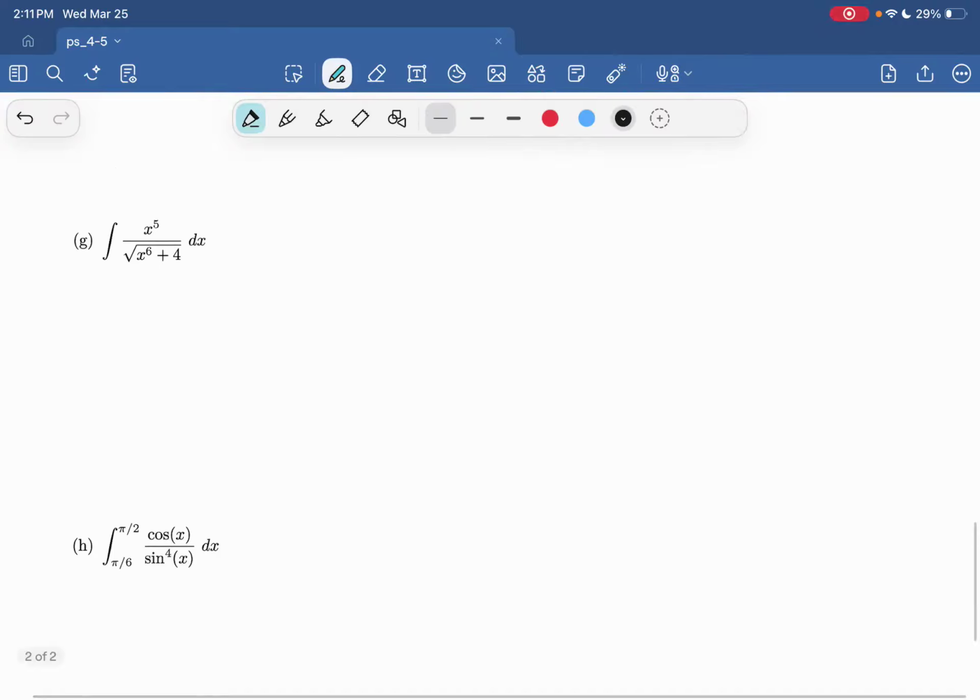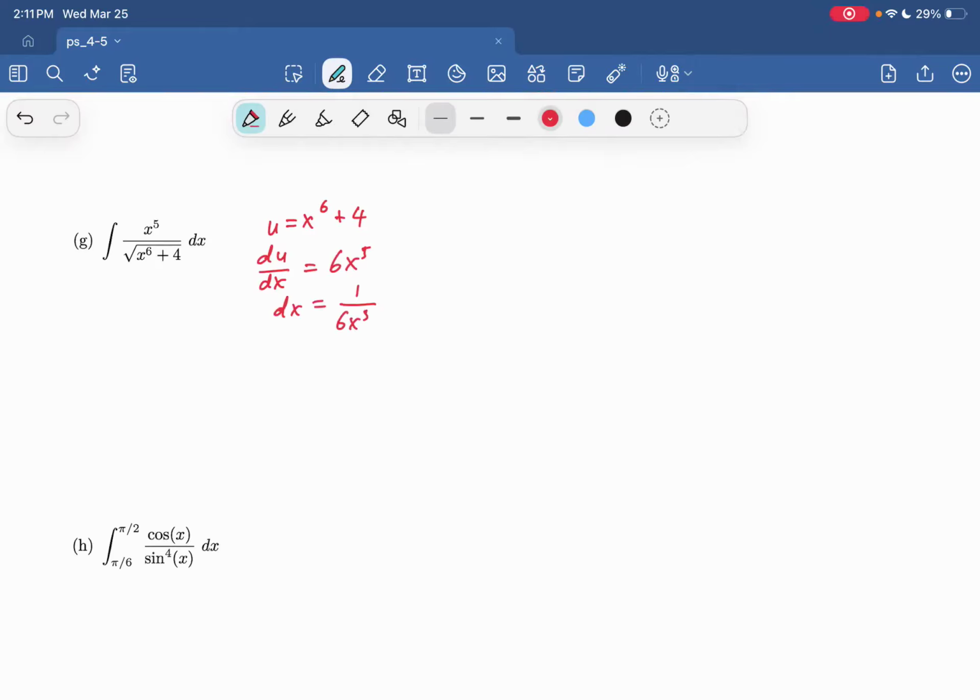Next, here u should be equal to x to the 6 plus 4, which means that du dx equals 6x to the 5th, which means that dx equals 1 over 6x to the 5th du.